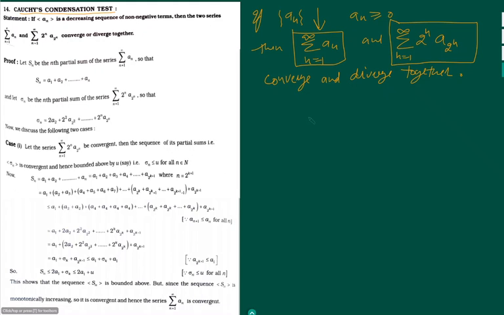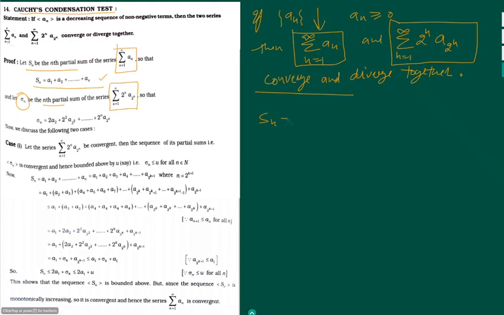So we will prove this result. How do we prove it? Let Sn be the nth partial sum of the series an. So Sn is equal to a1 plus a2 plus a3 up to an, and let sigma n be the nth partial sum of the other series. The other series is 2 raised to power n, a of 2 raised to power n.